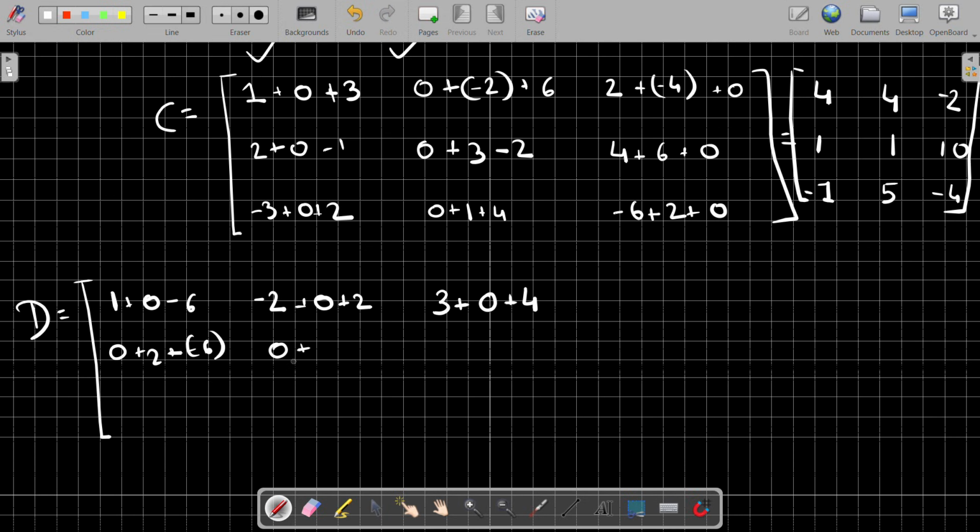This will be 0 plus 3 plus 2, and this will be 0 plus minus 1 plus 4, and the last row will be 1 plus 4 plus 0, minus 2 plus 6 plus 0, and 3 minus 2 plus 0.